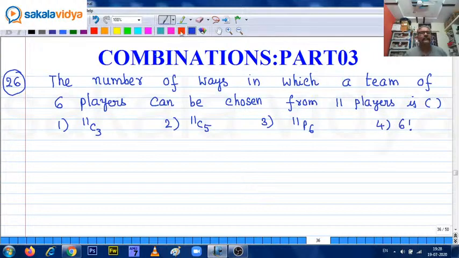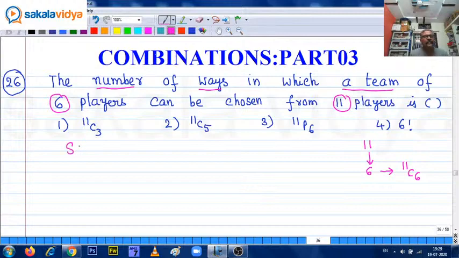So this is the question. The number of ways in which a team has to be formed with 6 players selected or chosen from a total of 11 players. We need to select 6 players, so this can be done 11C6 ways.